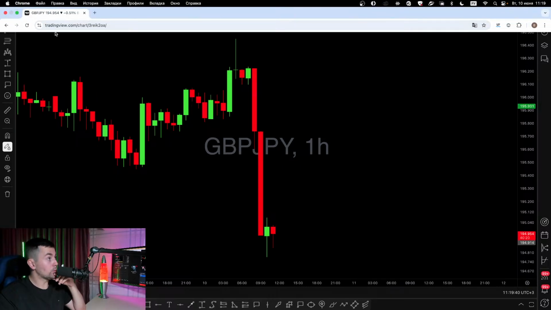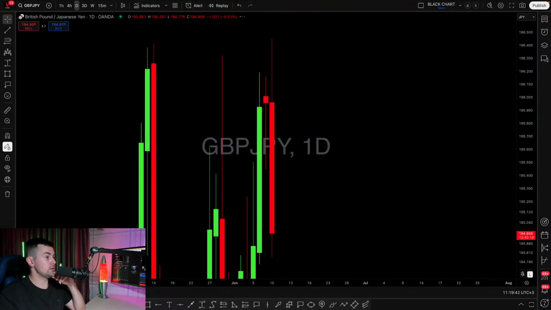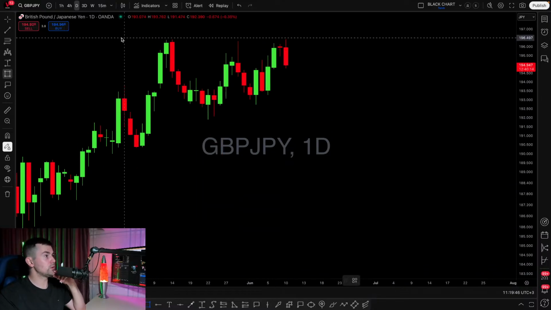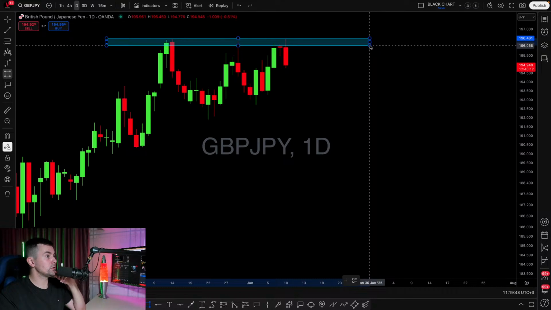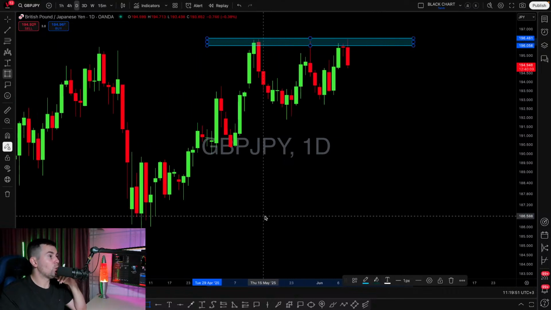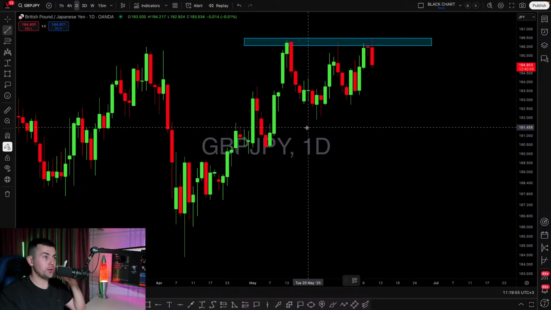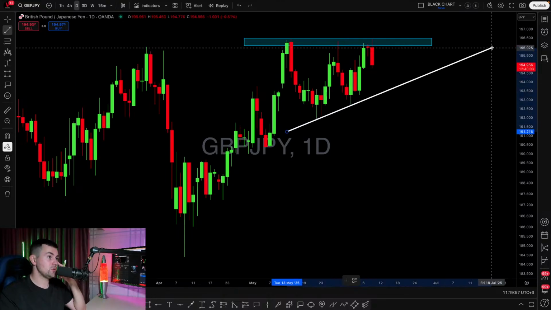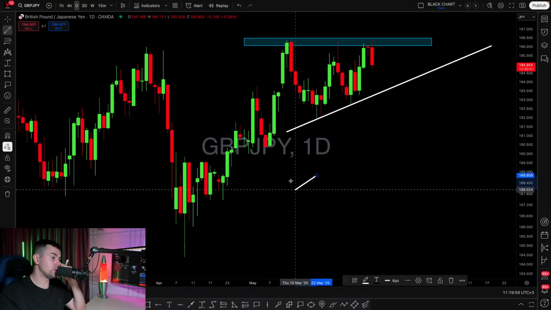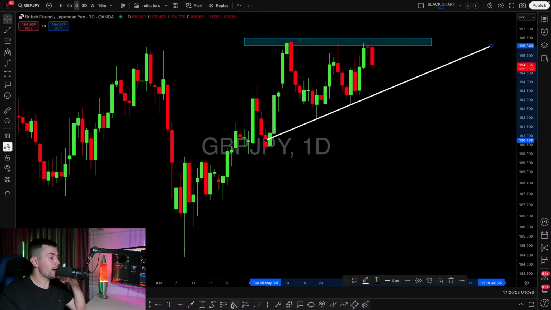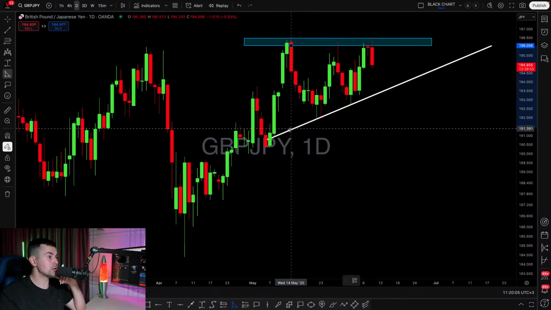Pound yen, question from Vanizi. So you see that pound yen also is consolidating for now, and honestly on pound yen I see some signs of a bullish accumulation on a daily. If you're studying price action, you should learn to recognize one of the very powerful bullish patterns called a bullish accumulation.